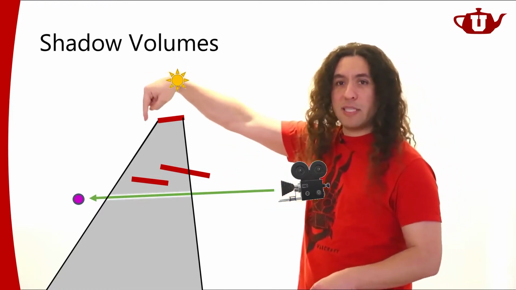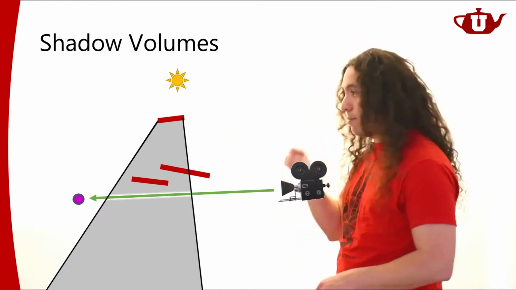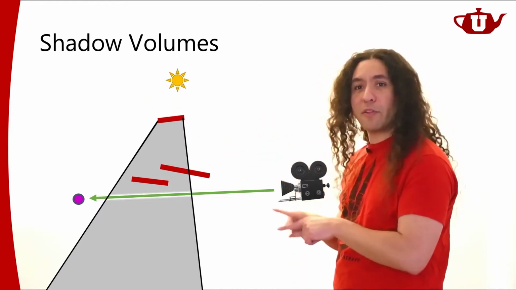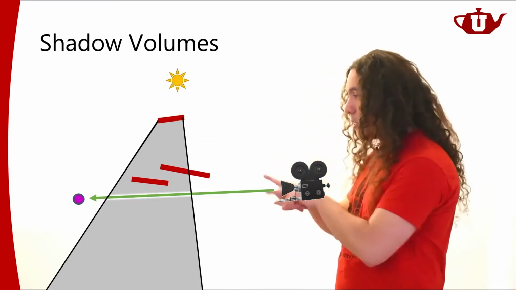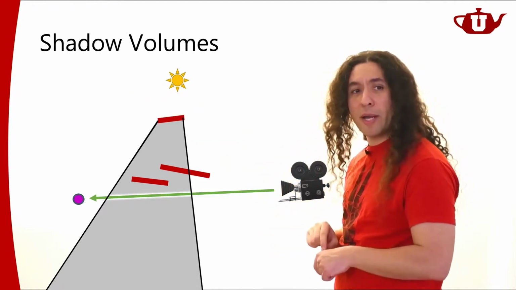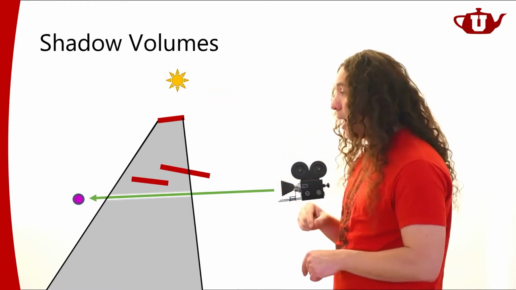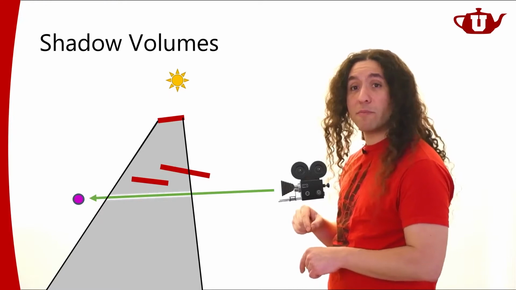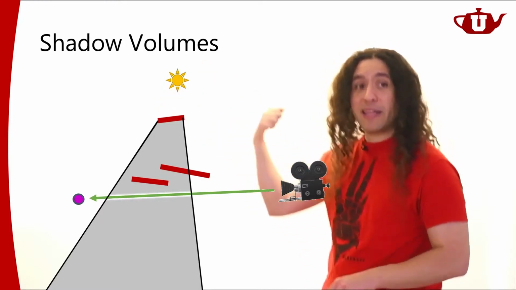Then I draw this polygon, and if you take the dot product of its surface normal and the view direction, that's going to be a positive number. So I can tell it's a back-facing shadow volume polygon, so I'm exiting a shadow volume. So I entered and then I exit.